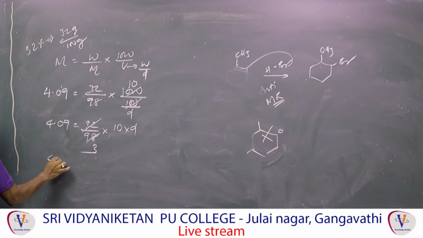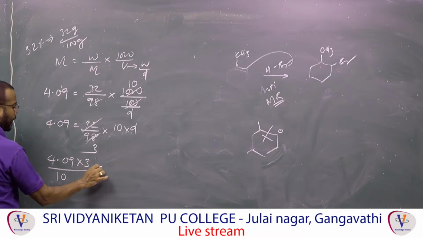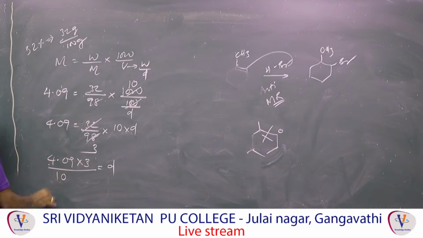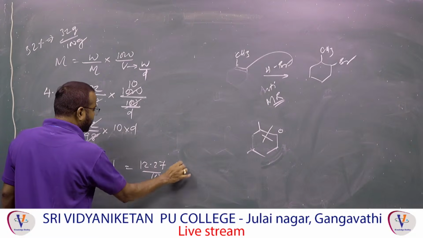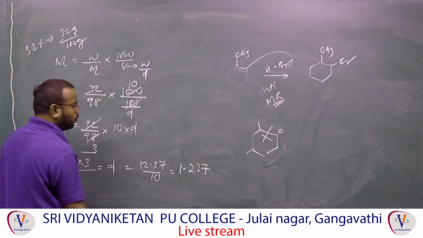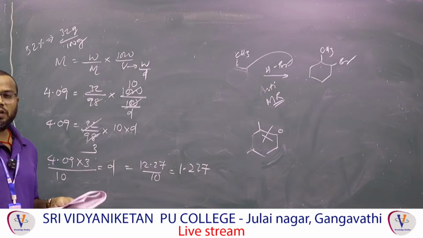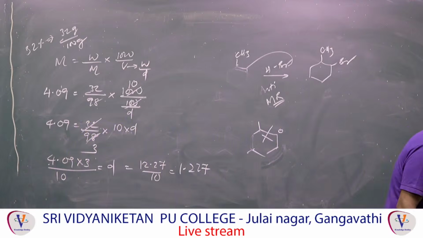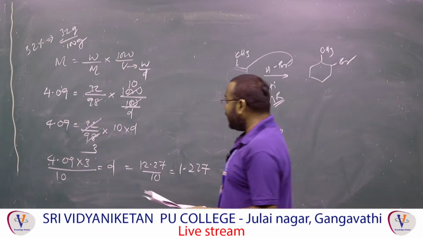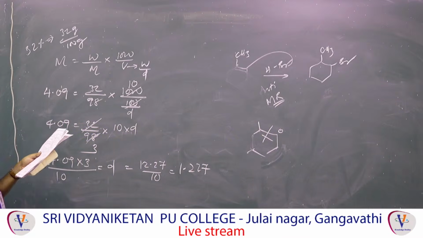Sending everything else to this side, 4.09 into 3 divided by 10 equals density, which is 12.27 by 10, which is 1.227, approximately 1.226. So yes, correct answer. E, excuse me, E, when we consider the density, yes, that is a correct statement.